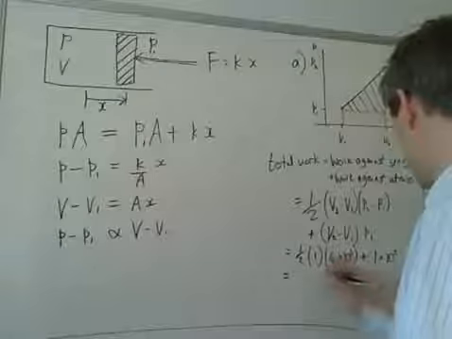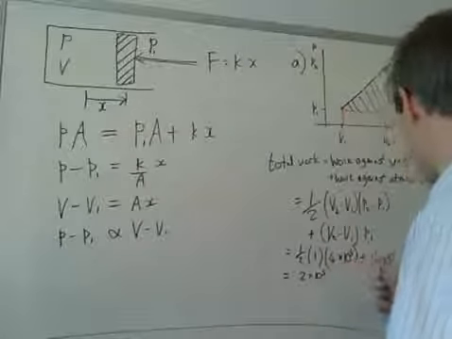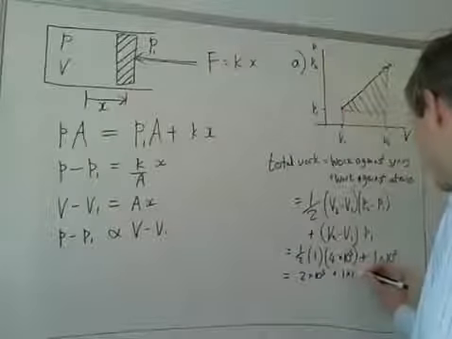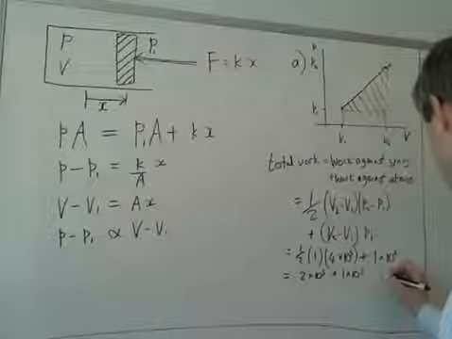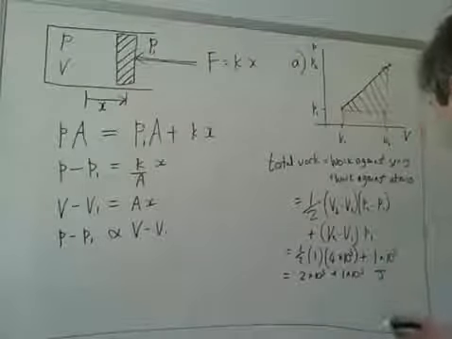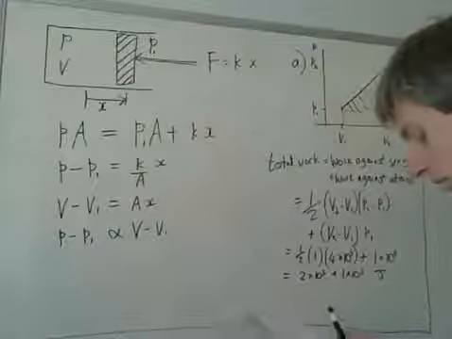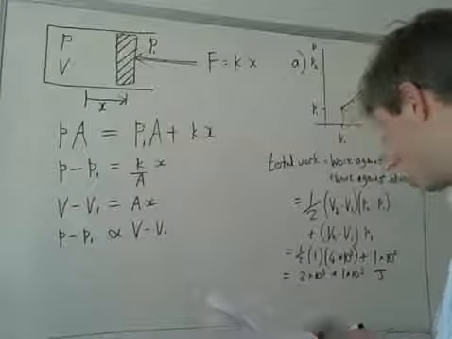And the work done against the atmosphere is 1 times 10 to the 5. The units of work are joules, and we've been working in SI units, so it's not kilojoules or anything else. And then the final part of the question asks the work done by the spring and the total work done.